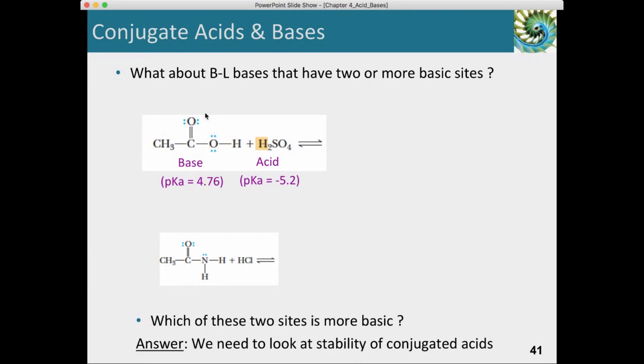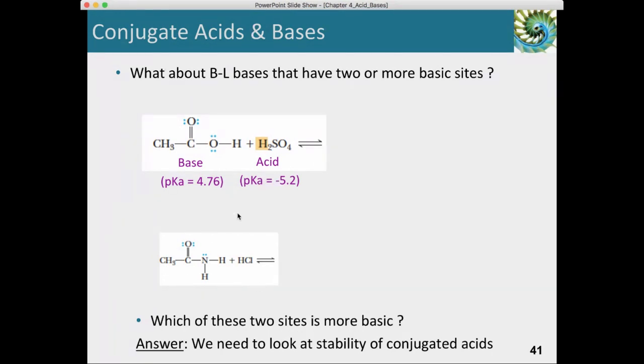So if acetic acid acts as a base, we have two potential basic sites in this molecule. The question we raise here is, which of these two sites will react with sulfuric acid? Obviously, the one reacting will be the more basic. So the question translates into which of these two sites is more basic.